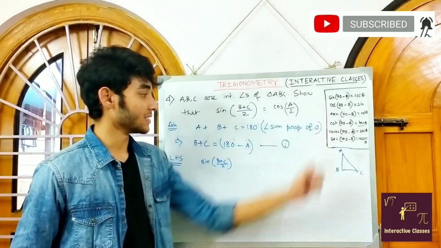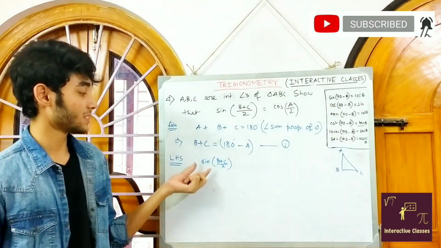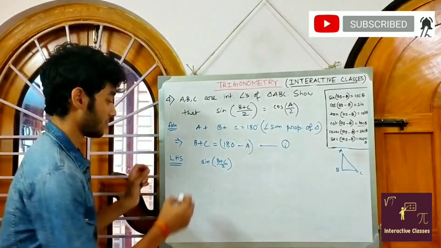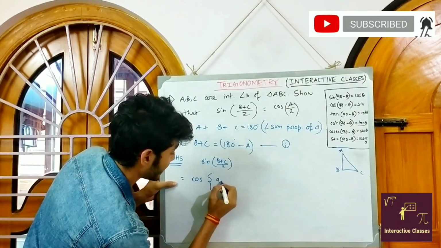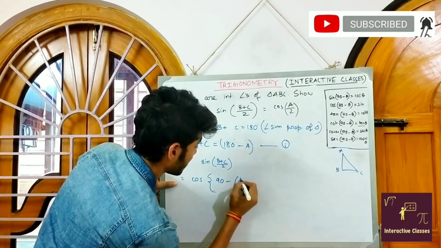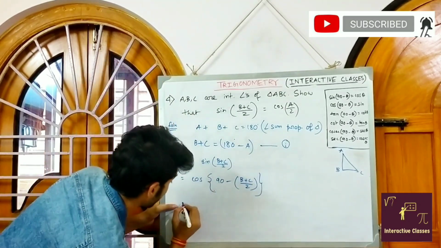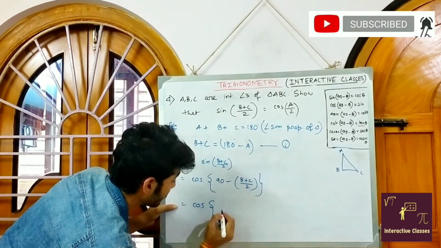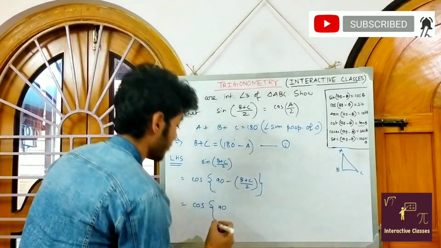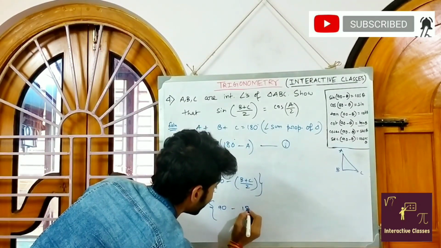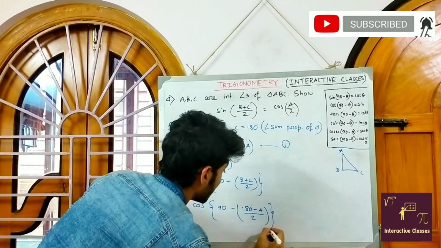By complementary angles we can change the value of sine in terms of cos. So cos 90 minus B plus C by 2. Now B plus C is 180 degree minus A by 1, so we can write 180 degree minus A by 2.